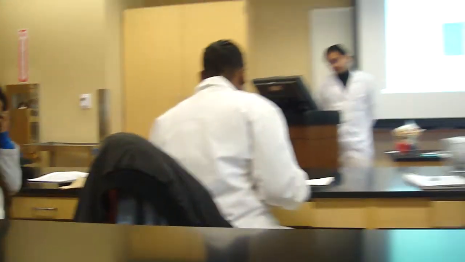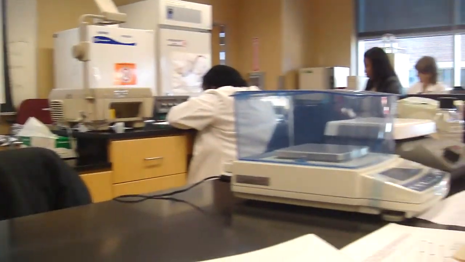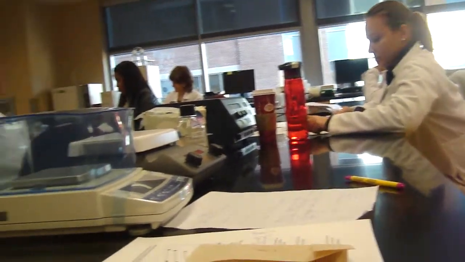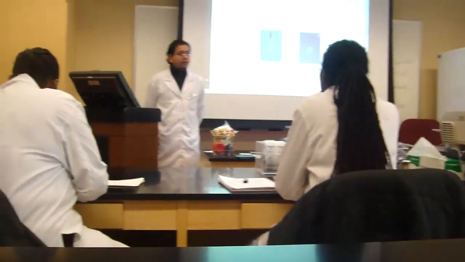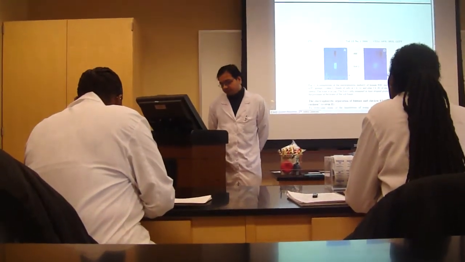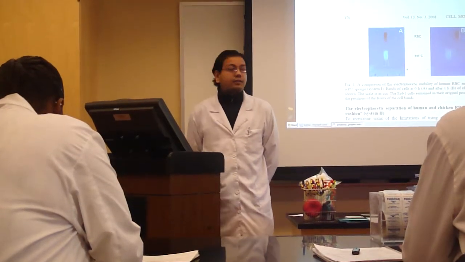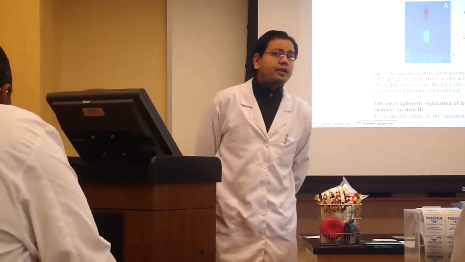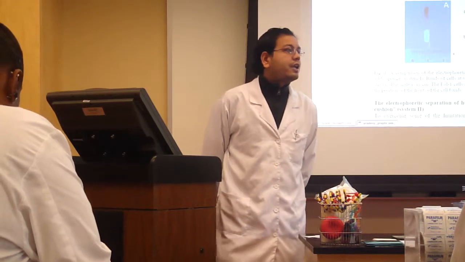And this cell electrophoresis application is applicable to those changes that occur during cell division or cell differentiation. So we basically take the samples of those cells which are rapidly dividing and rapidly differentiating.